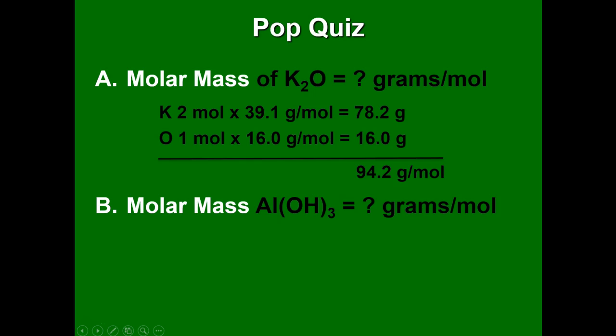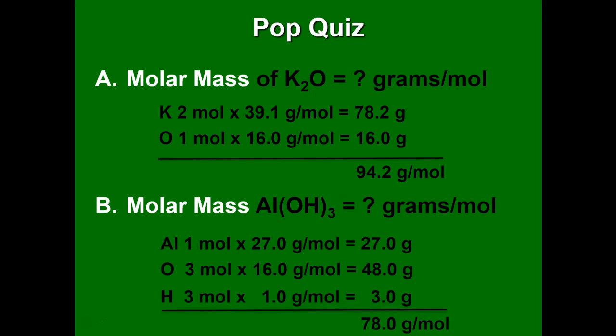And then the molar mass of aluminum hydroxide. It's important in looking at that formula to recognize that the parentheses around the OH with the 3 means that that 3 is distributed across both the oxygen and the hydrogen. So the actual formula of aluminum hydroxide has 1 aluminum atom, 3 oxygen atoms, and 3 hydrogen atoms.